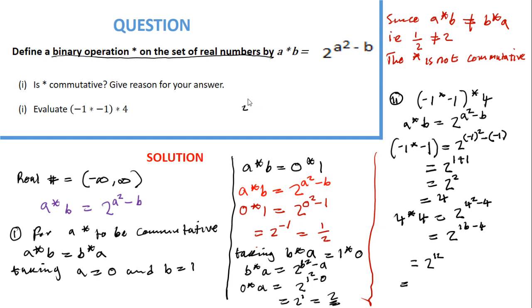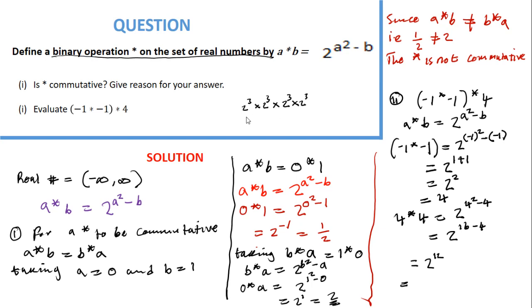I can pick 2 to the power 3, because I know that, times 2 to the power 3, times 2 to the power 3, times 2 to the power 3, which is 8.